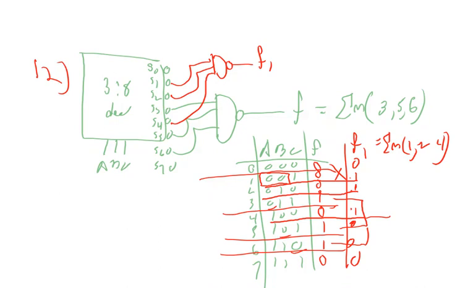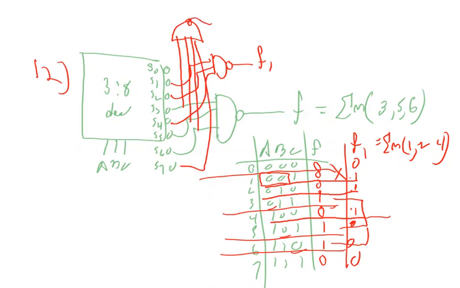Suppose I said to you, I'm going to wire up outputs 3, 5, 6, and 7. So here's a little AND gate, and we're going to go 3, 5, 6, and now 7.